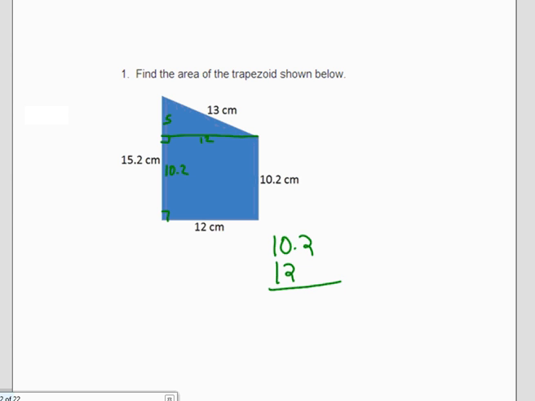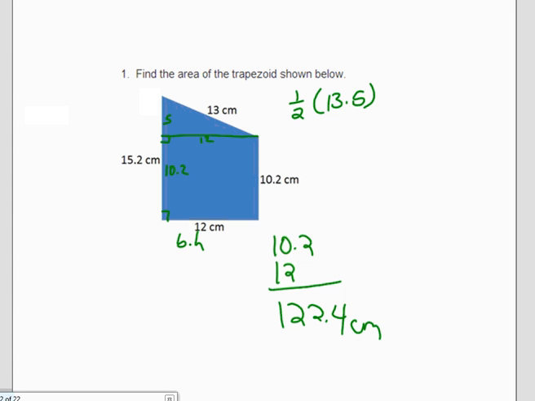And up here, I have 1/2, 13 times 5. So if I do my 10.2 times 12, I get 122.4, and I have to take that and divide it by 2 because this is base times height. Oh, I don't have to divide by 2.